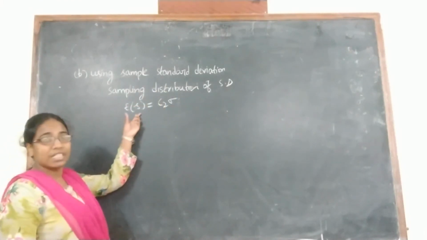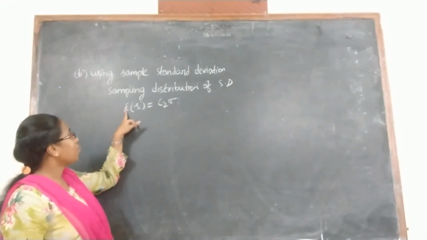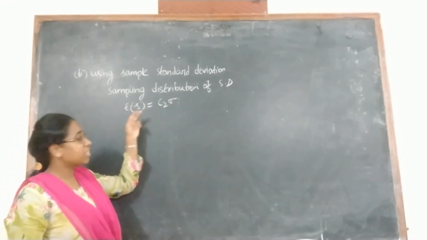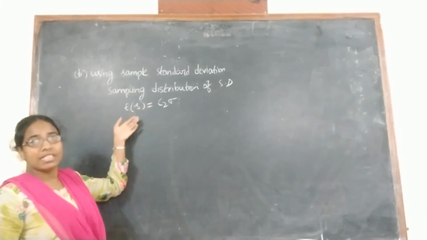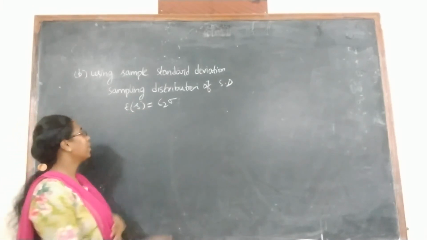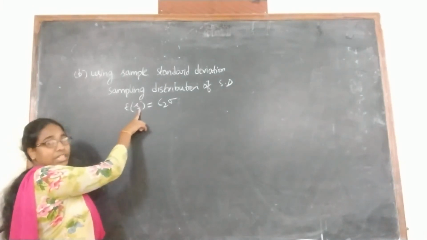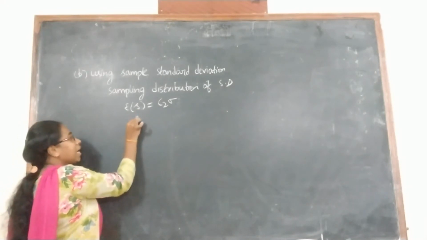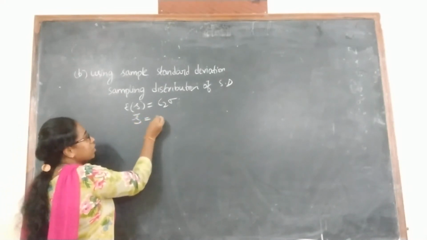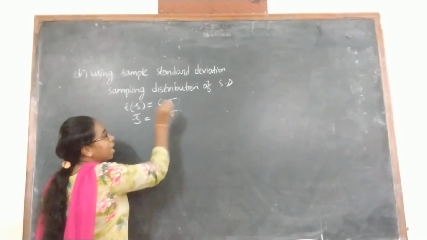As we discussed in the earlier case also, the expected value of any quantity is nothing but its mean or average value. So expectation of S can be written as S bar equals C2 sigma.